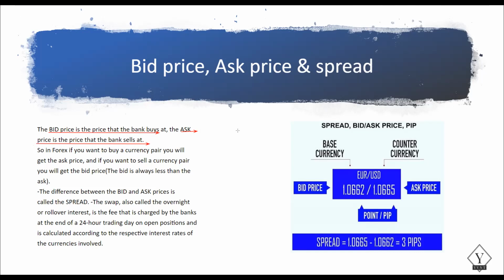So when you go to buy at the bank, this is the price that you're going to buy it at. Wait, yeah, the bid price is what the bank buys at. So when you go to buy at the bank, this is the price that you're going to buy it, right?